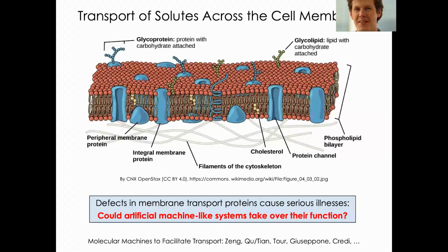At first we might be able to use them to interrogate biological systems, but maybe further ahead in the future, hopefully we could make fully autonomous systems that are able to take over the function of such malfunctioning proteins and thereby act as a new kind of pharmaceuticals.